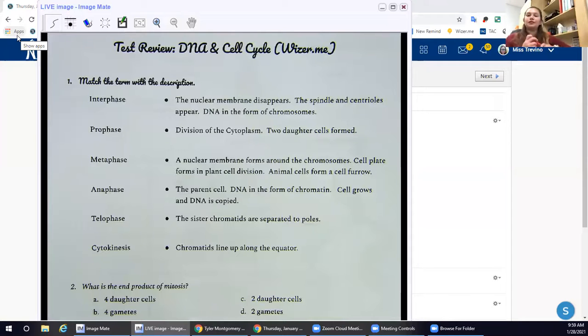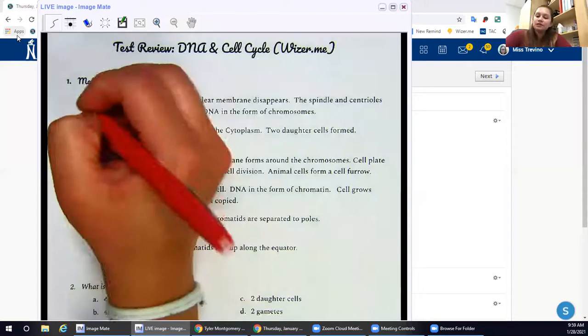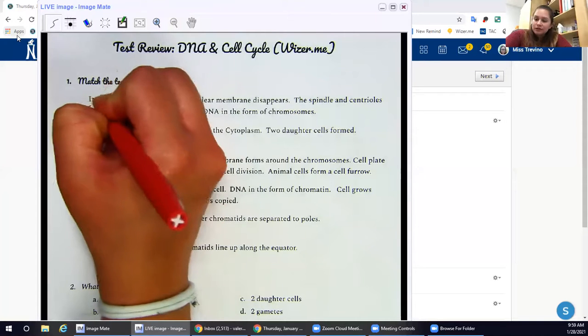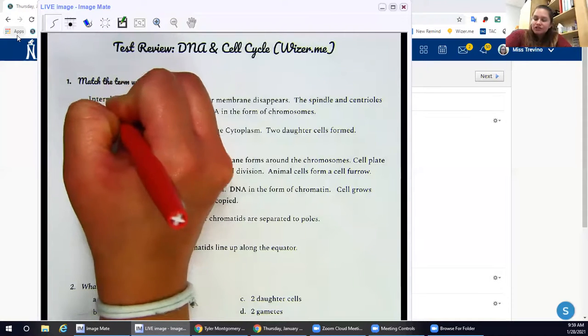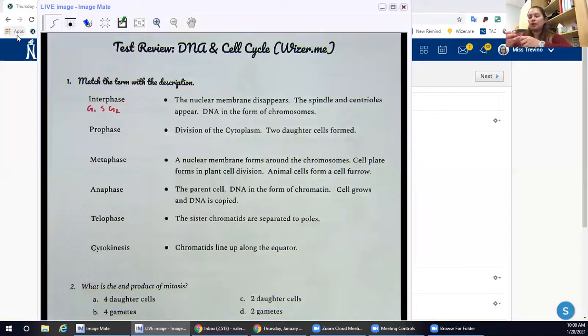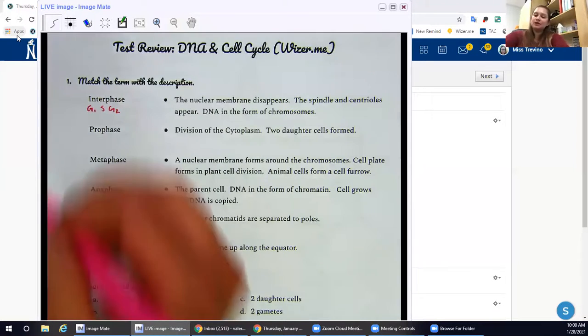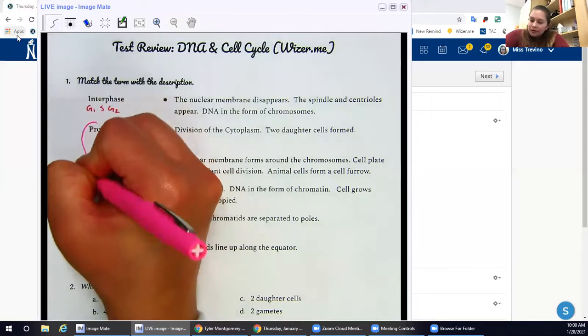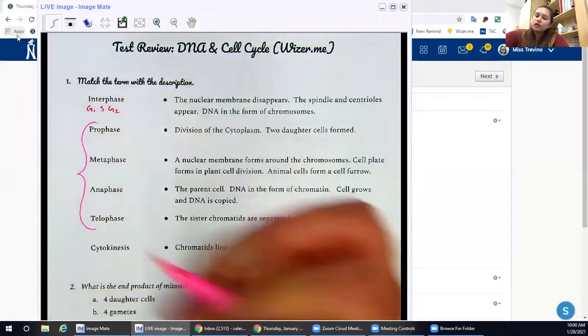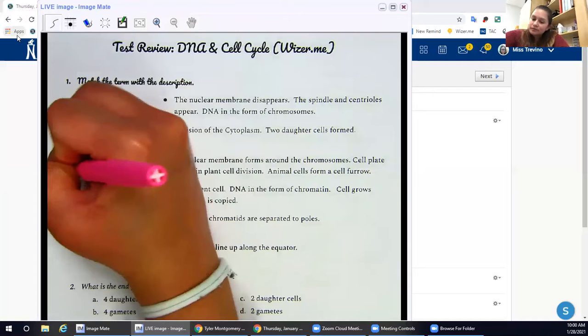All right, so for number one, you are going to match the terms with the descriptions. Before we start, I just want to talk about these phases. Interphase includes G1, S, and G2. Prophase, metaphase, anaphase, and telophase, those all belong to mitosis.